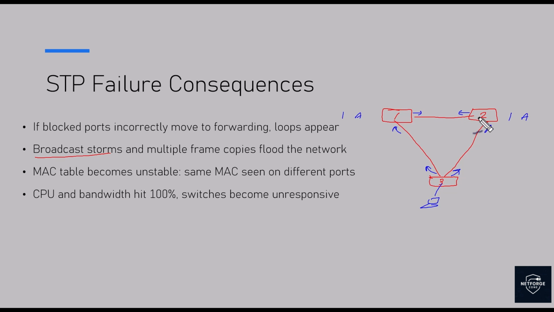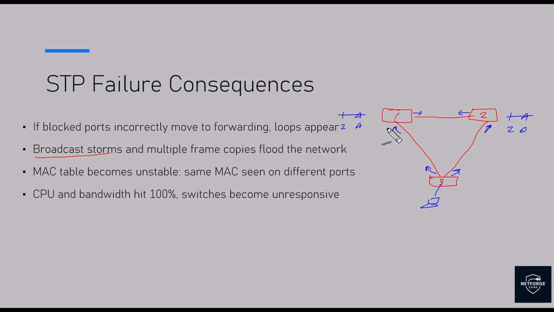Then when switch 2 sends the broadcast towards switch 1, it's going to see that the MAC address, which was previously on port 1, is now on port 2. So it's going to delete this one, change it to 2, and say that A is in here. Same thing is going to happen on this switch. It's going to say, okay, A is on 2.